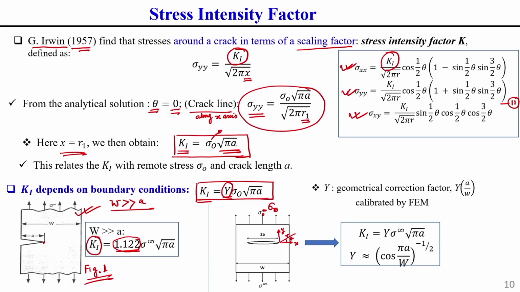For this type of configuration, Y comes as 1.122. Whereas, let us consider another example where the central crack is there, and the central crack length is 2A.